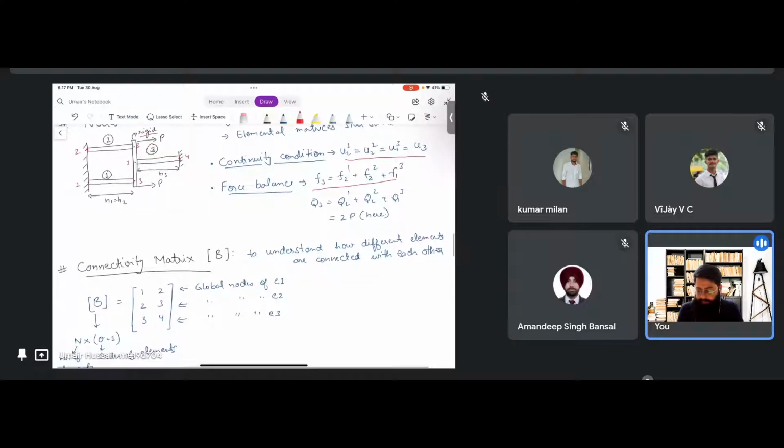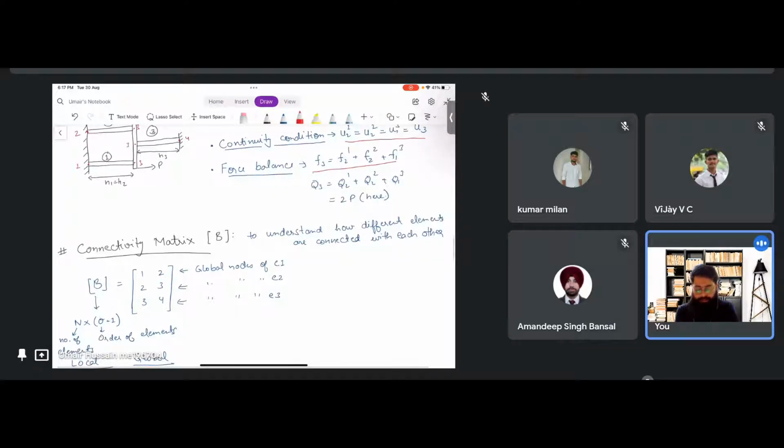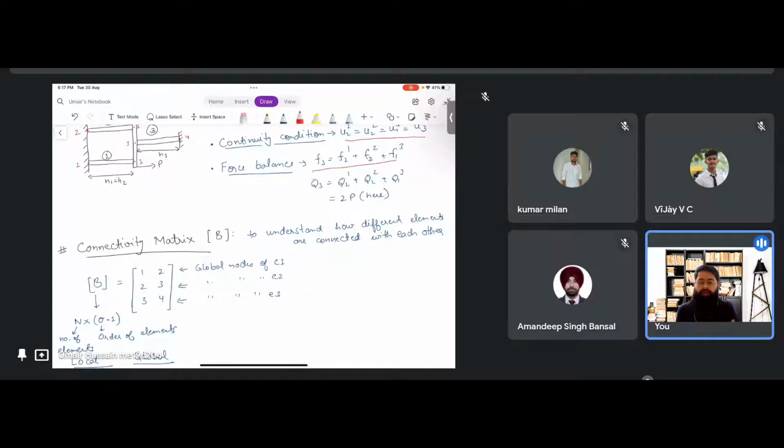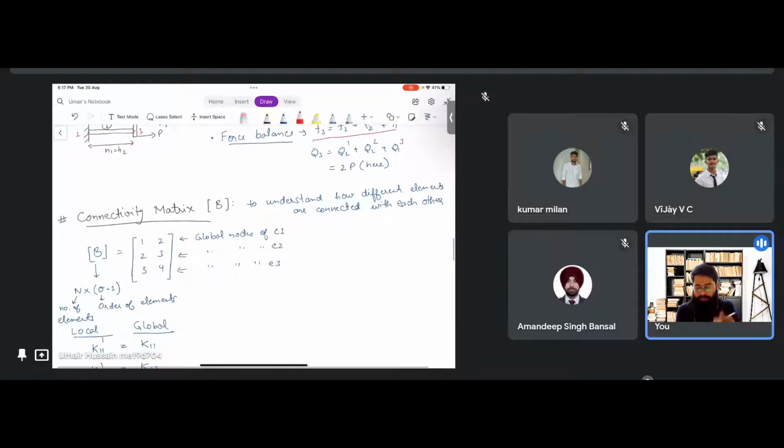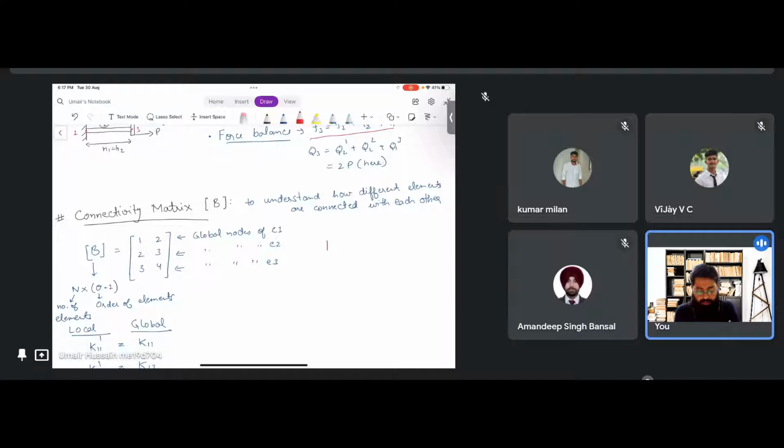So one thing we would need for this assembly is the connectivity matrix. For the 1D case, this is quite trivial. We see the configuration, and we can easily assemble the elemental matrices to get the global matrix. But for 2D and 3D cases, this connectivity matrix plays an important role. Just for the sake of understanding, we'll see it for the 1D case.